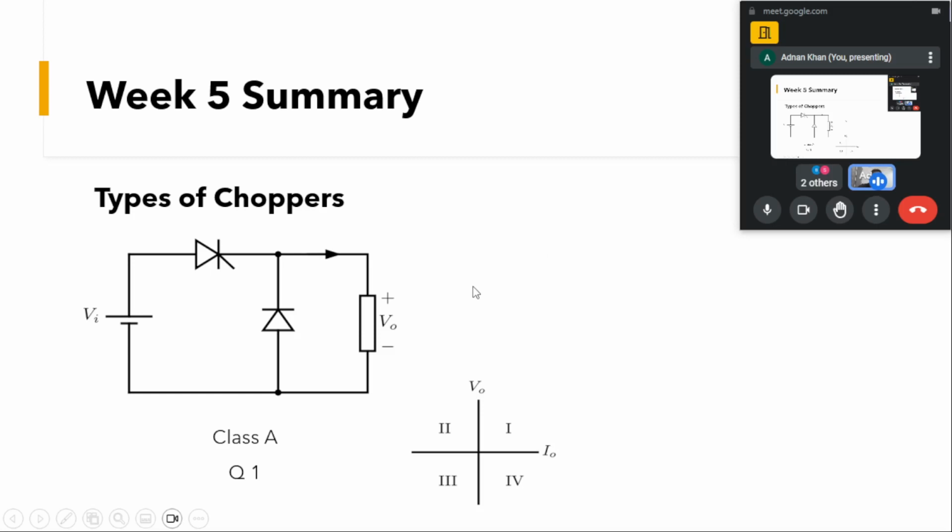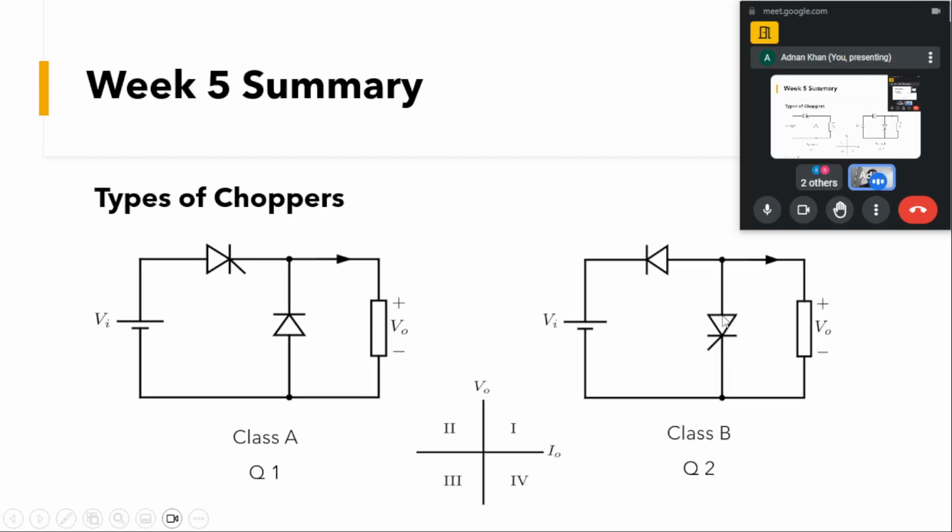After that, you can see there is another kind of chopper, which is the class B chopper. Here, if you look at the circuitry, our load is an RLE type load.